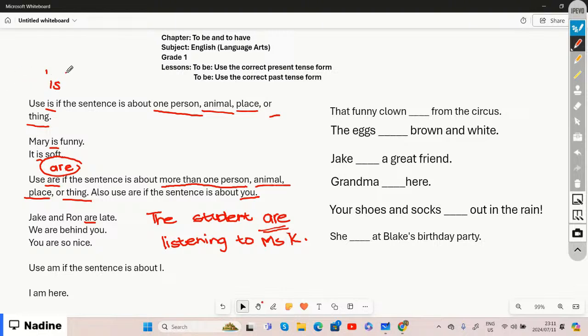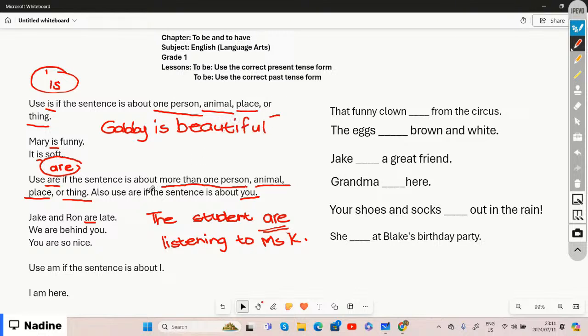If we go back to is, we said we use is if the sentence is about one person, one animal, one place, or one thing, right? Let's say, for example, we say Gabby is going to the zoo, because we're referring to one person going. Gabby is either going to the zoo or Gabby is funny or let's say Gabby is beautiful.